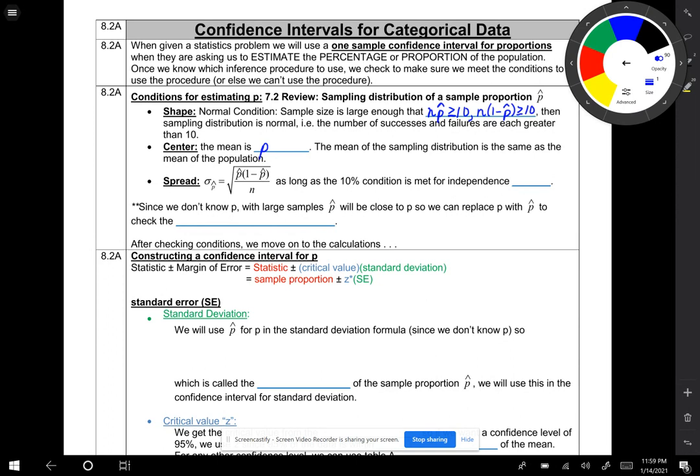Since with large samples p hat will be close enough to p, we can replace p with p hat. That's for the 10% condition, because standard deviation is for your 10% condition.